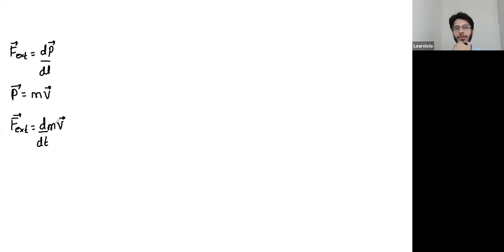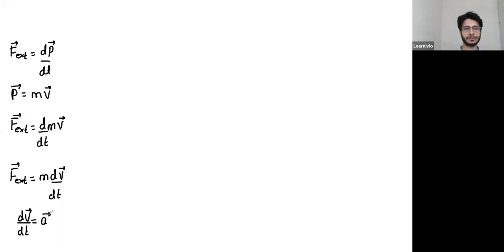So here m is constant. You can take this m out of this derivative. So you are left with F external is m dv over dt. And this dv over dt is acceleration, a.